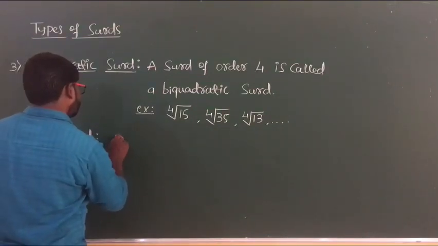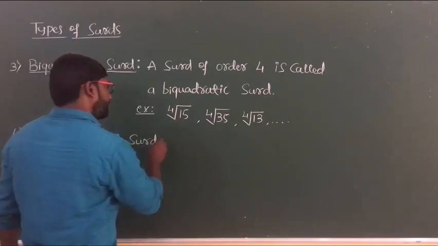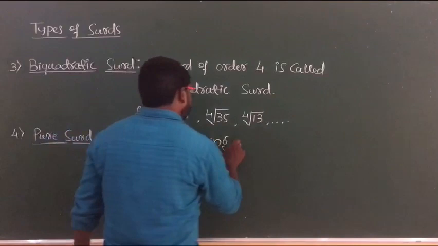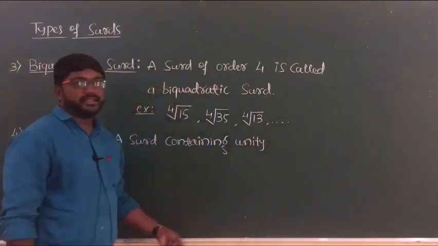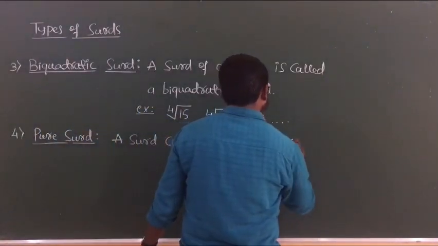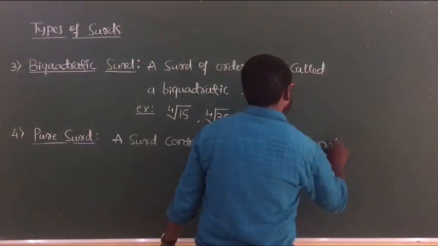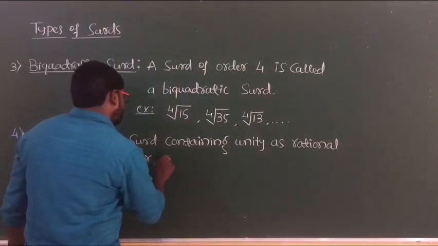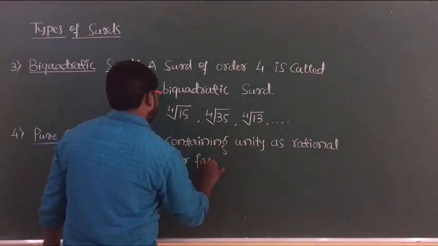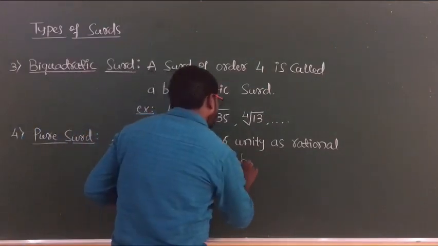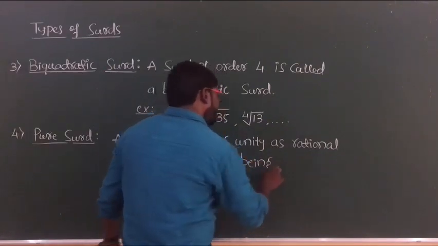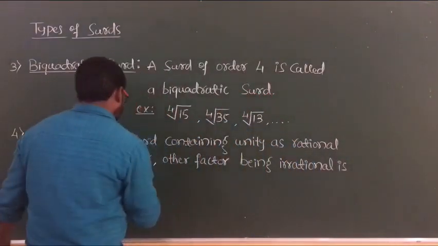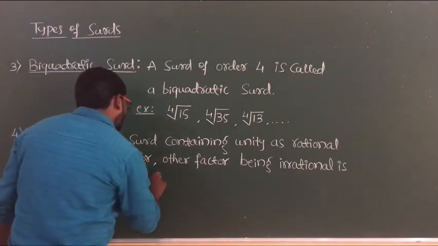A surd containing unity as rational factor, other factor being irrational, is called a pure surd.